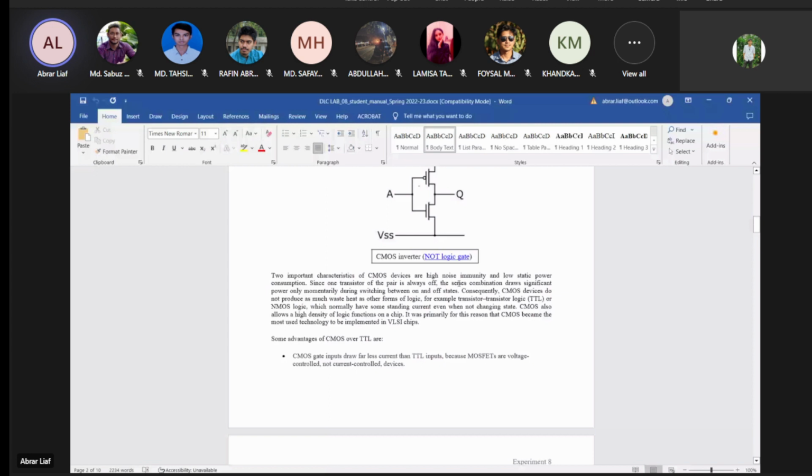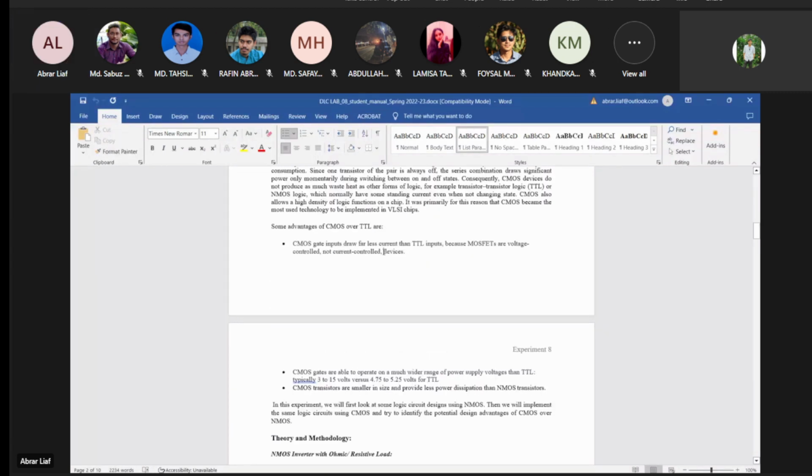Some of the advantages of CMOS are given compared to TTL. As you can see, a CMOS gate input draws far less current. So CMOS takes less current compared to TTL, and this is the reason for the efficiency. Then CMOS gates are able to operate on a much wider range of power supply.